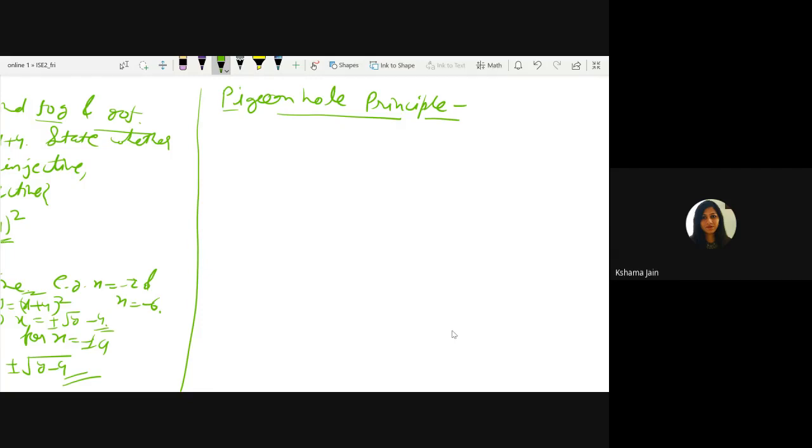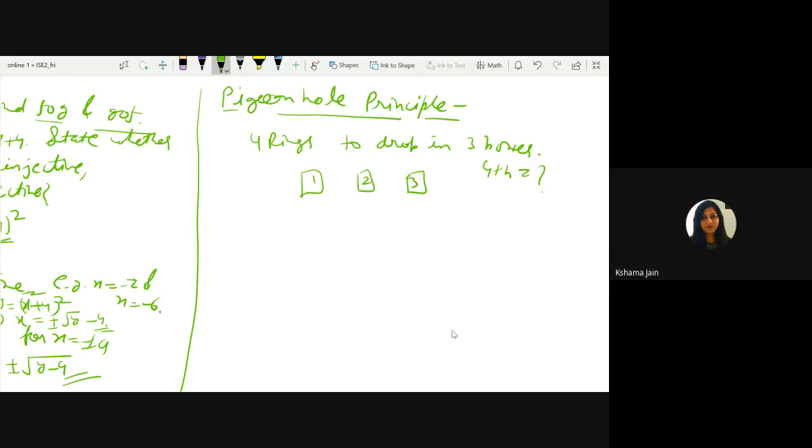Let's say I am giving you 4 rings to drop in 3 boxes. One box is there, second box is there, third box is there, and I'm asking you to put 4 rings. There are a lot of possibilities: all 4 rings here, or 3 here and 1 here. But if you want to occupy each box, first put, second put, third put, what about the fourth?